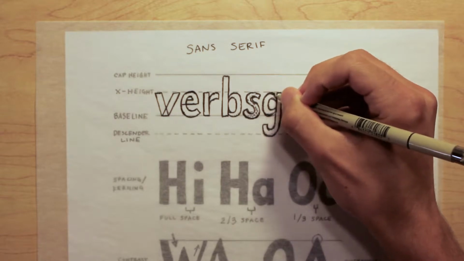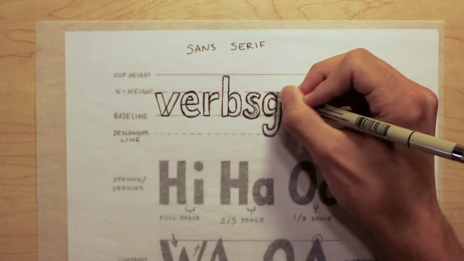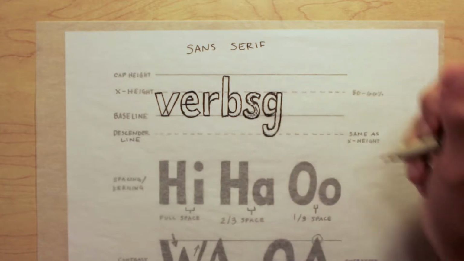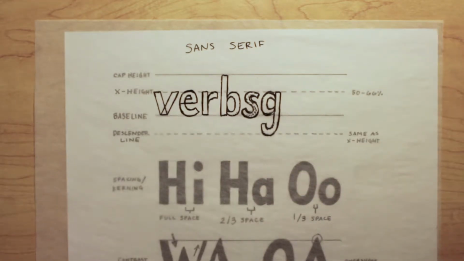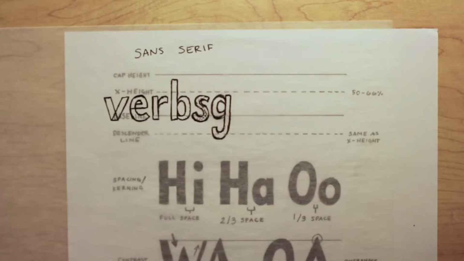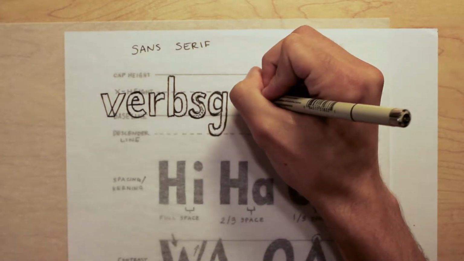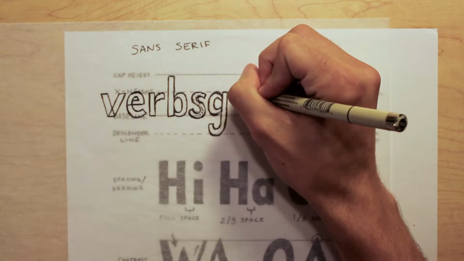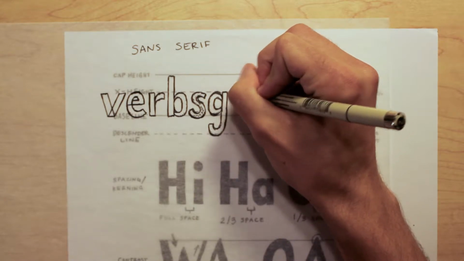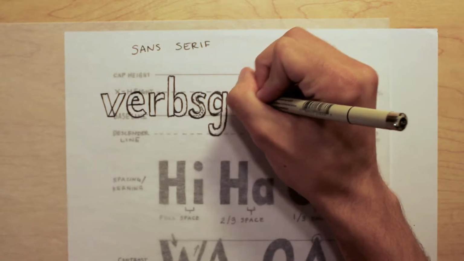And then also make it overshoot that X height. And we're going to move this over a little bit to give us a little bit more room. And the O, which is going to be overshooting the X height and the baseline.